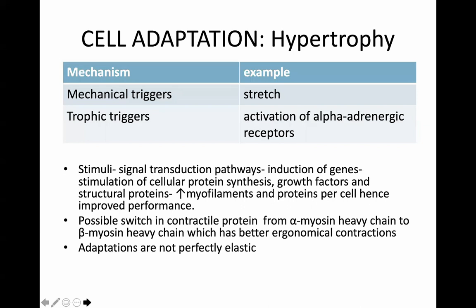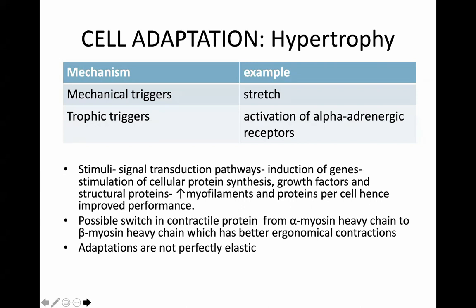Sometimes you may confuse that with hyperplasia. Hyperplasia is an increase in the number of the cells, while hypertrophy is an increase in the size of the individual cells, right? That's what happens, for example, in the myocytes, the cells of the myocardium. Hyperplasia, on the other hand, refers to an increase in the number of cells.